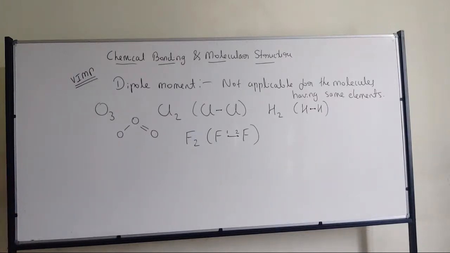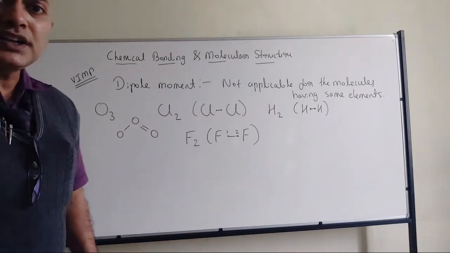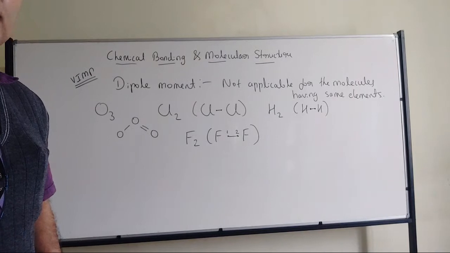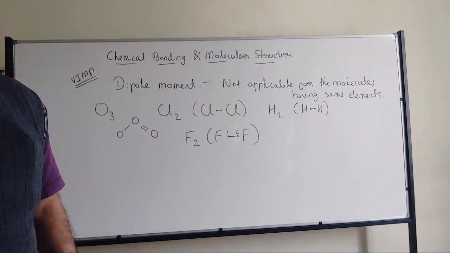Due to that, I can tell chlorine is a gaseous molecule at room temperature. Hydrogen is a gaseous molecule. Ozone is a gaseous molecule. Fluorine is a gaseous molecule. All these molecules, whatever I have mentioned, most of them are gaseous in nature.